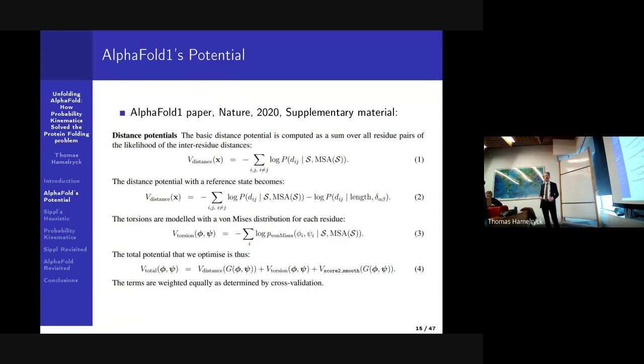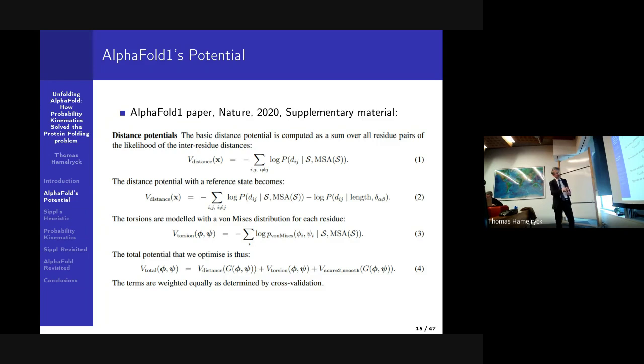This probability distribution is then turned into a potential by a simple log transform. Then you have a distance potential, and that's this one here. Again, you have a neural network predict the distances, you have a probability distribution, you take a log transform and you turn it into an energy.